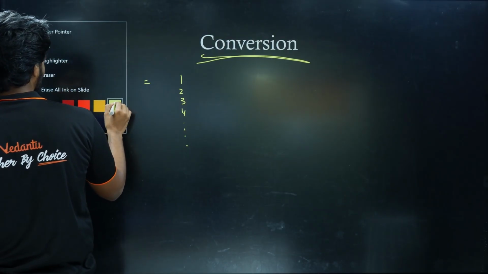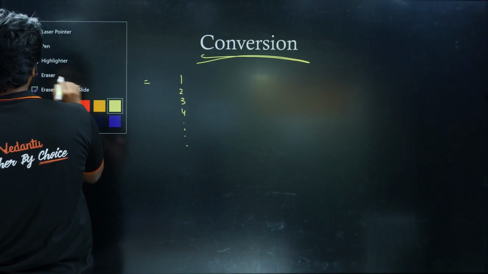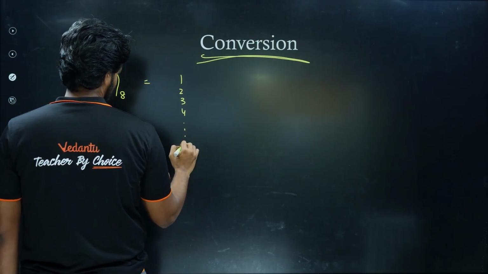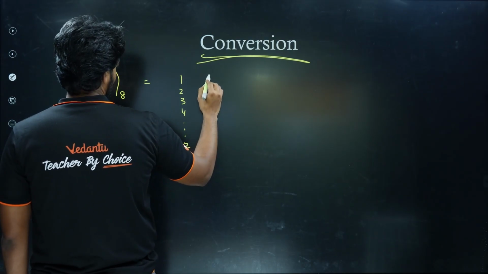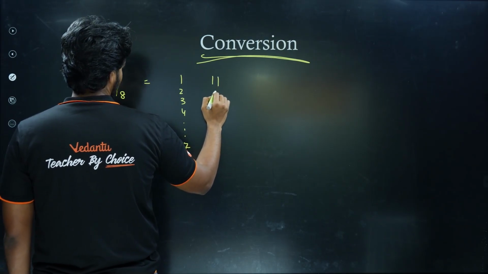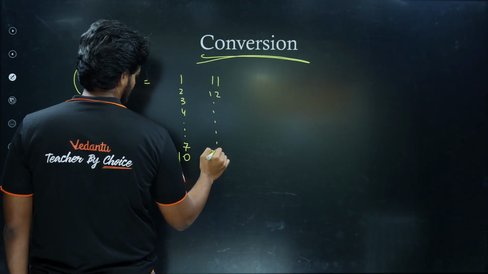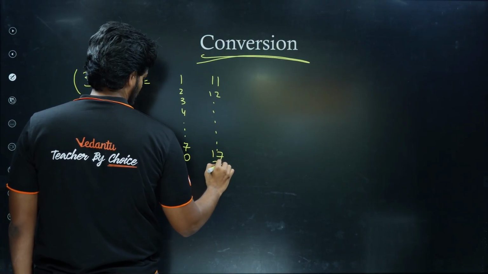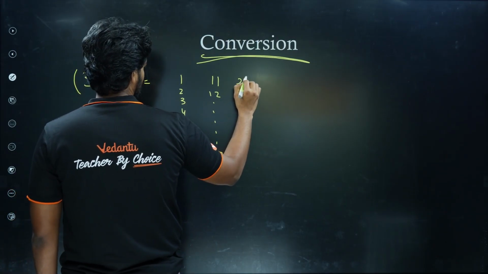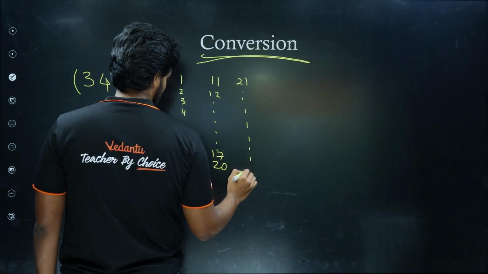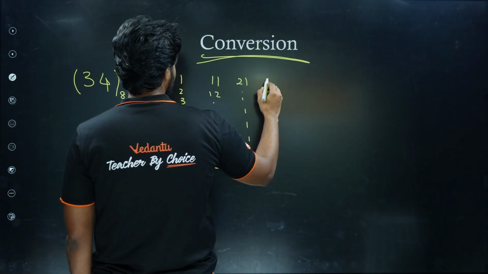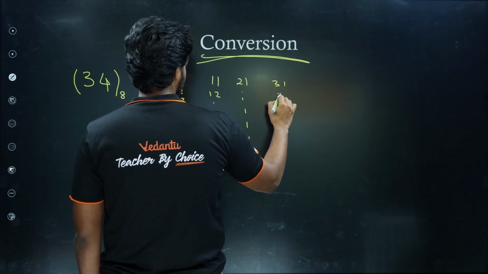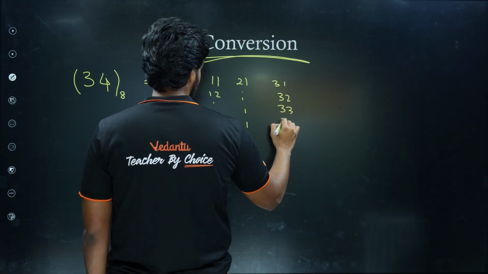There is no 8, right? So they have only till 7, 10, and then they have 11, 12 till 17, 20, 21 till 30, then 31, 32, 33, 34.